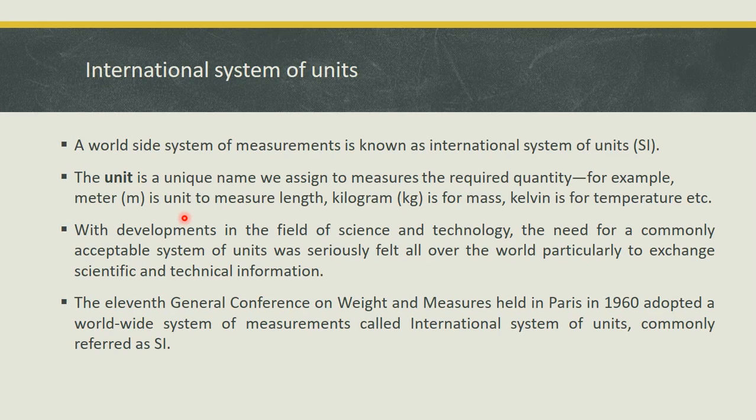For example, I say 3. What is 3? If we are not using a unit with it, we cannot know what we are measuring. Let's suppose I say 3 meter. Now it qualifies that 3 is the magnitude and meter is the length. So 3 meter means 3 meters of length.